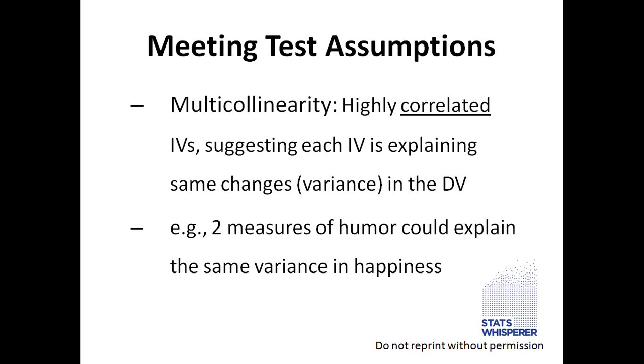And you'll find this with other things such as age and level of education in samples with people up to their 20s and 30s, because as age goes up, their level of education also goes up. And sometimes the level of education almost reflects the level of age. So it's explaining the same thing within the sample.